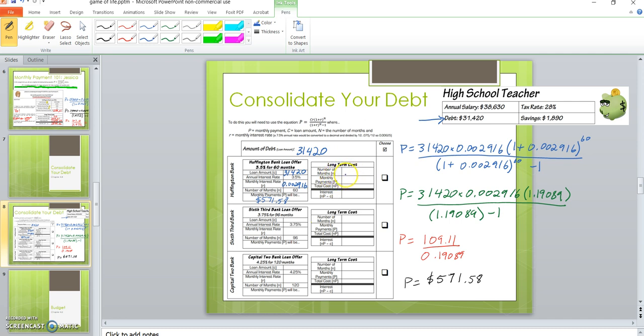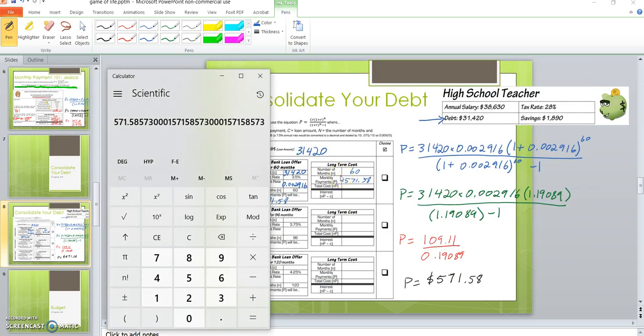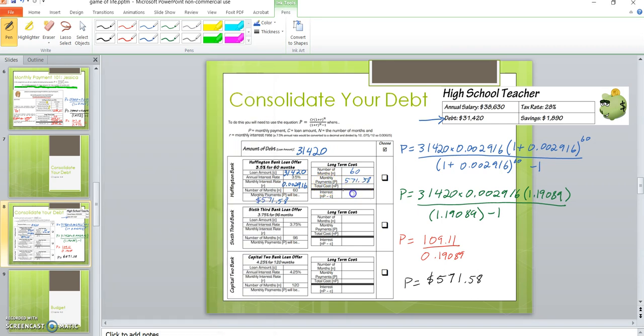So the long-term cost, number of months, will be 60, and the monthly payments are $571.58. So then the total cost is going to be those two numbers multiplied by each other. So that's 60 times 571.58, and that tells me that it's $34,294.